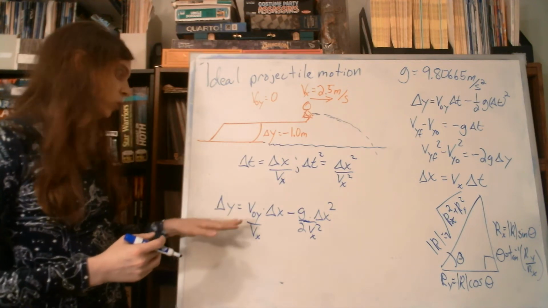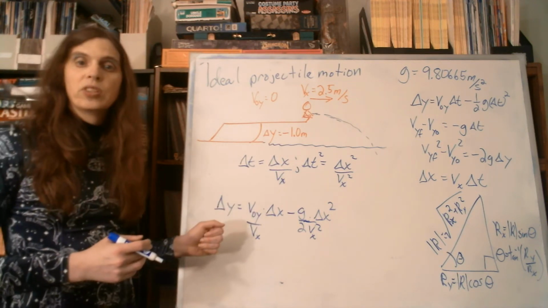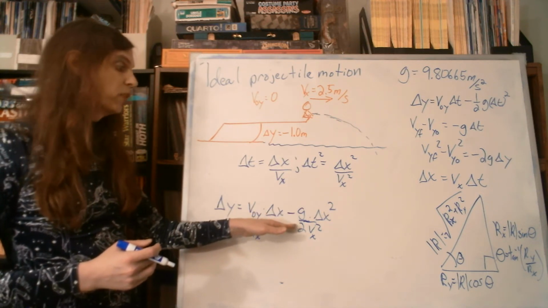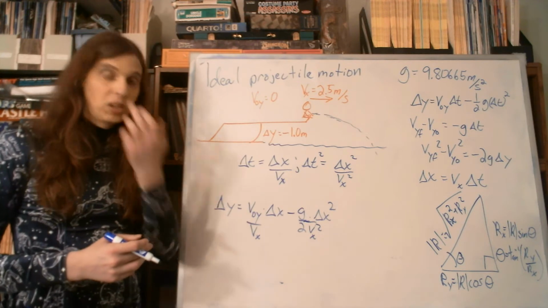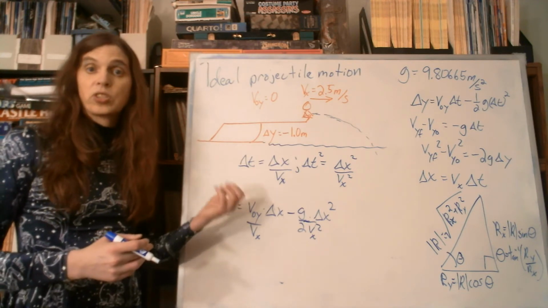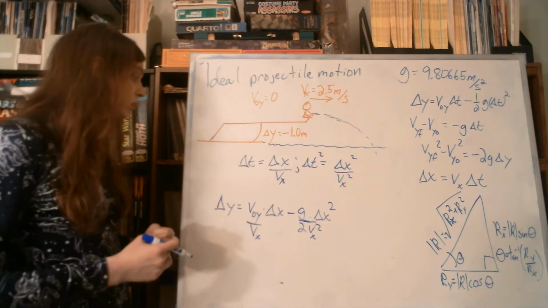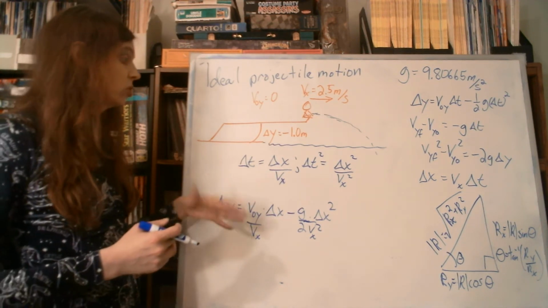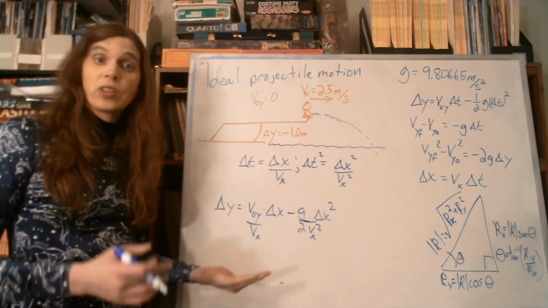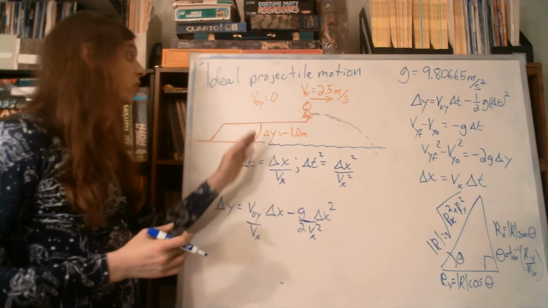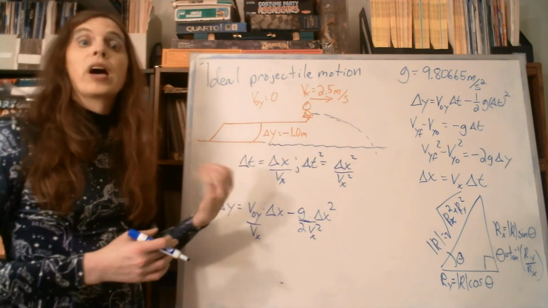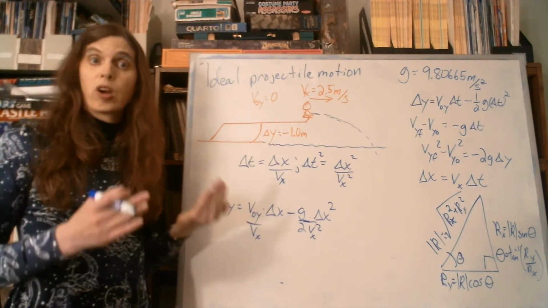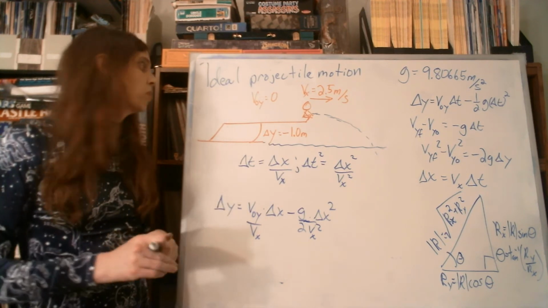The delta y is equal to some constant times the change in horizontal position plus some constant times the change in horizontal position squared. And so this too is quadratic, which means that this is also a parabola. The position in space that an ideal projectile will follow will be a parabolic path.